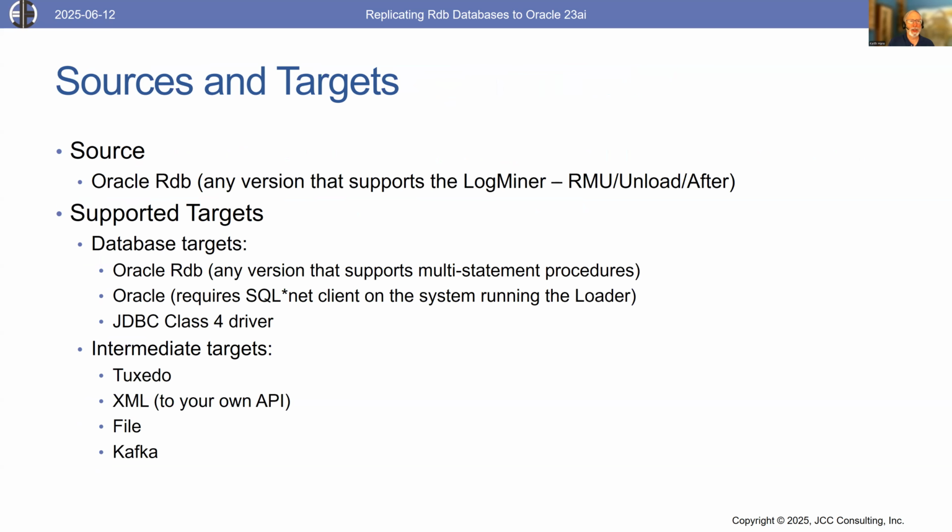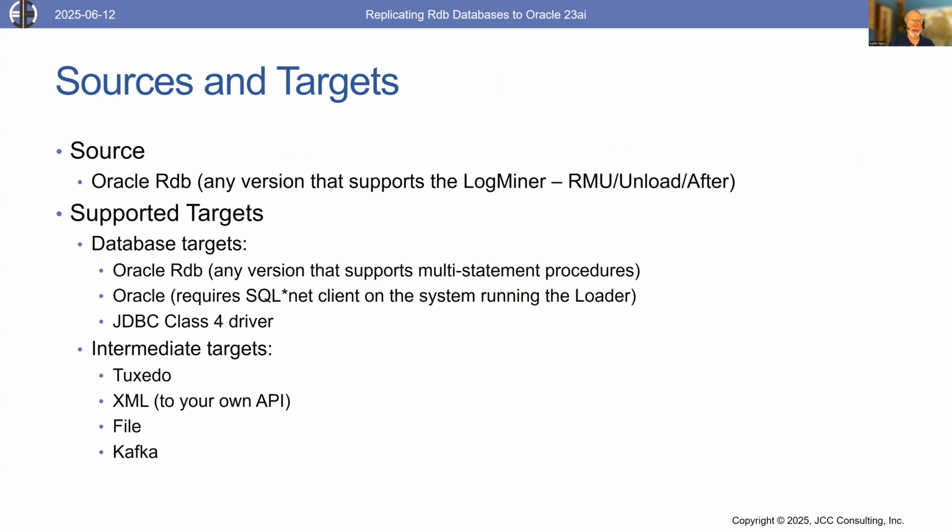So the source for this replication has to be an Oracle Rdb database, any version that supports the LogMiner, the RMU unload/after command. The target can be a variety of things.